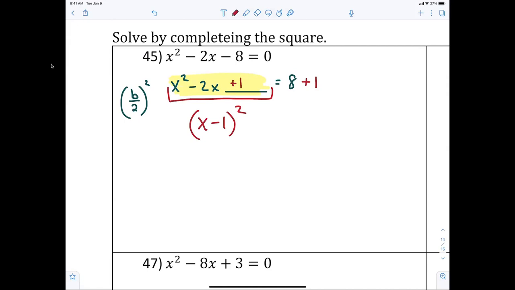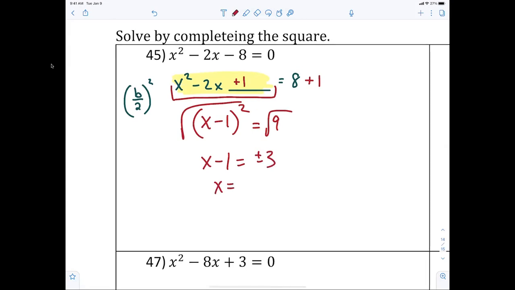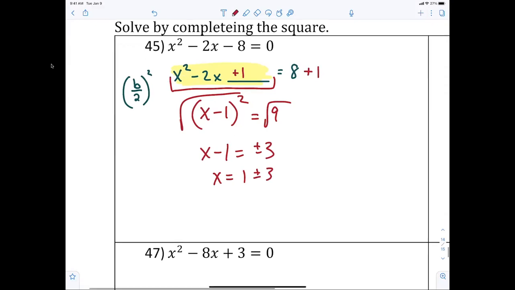So now x minus 1 squared equals what? 9. And so now we do what? Take the square root. So x minus 1 equals what? Nope. Plus or minus 3. And so our final answer is x equals 1 plus or minus 3.